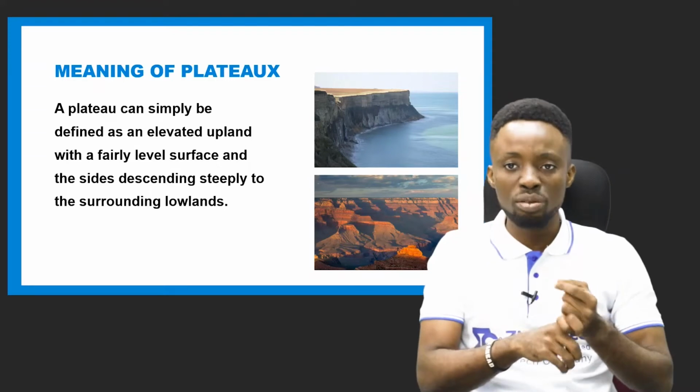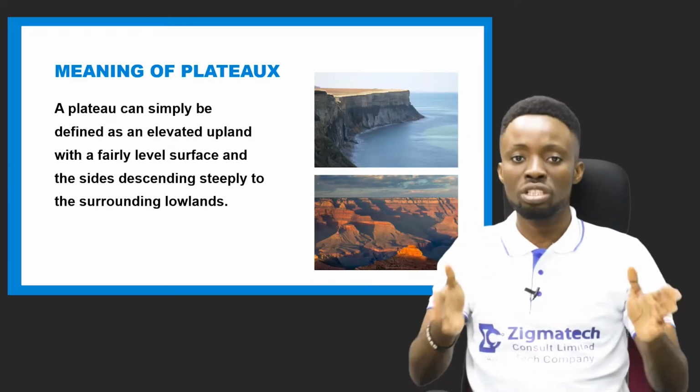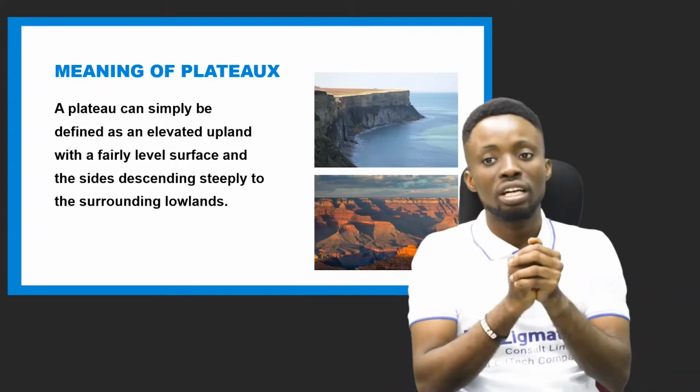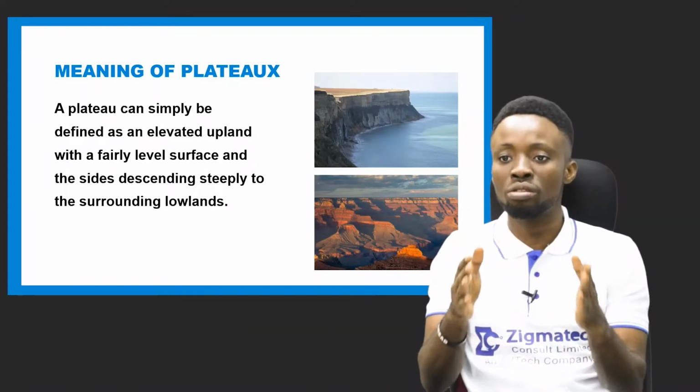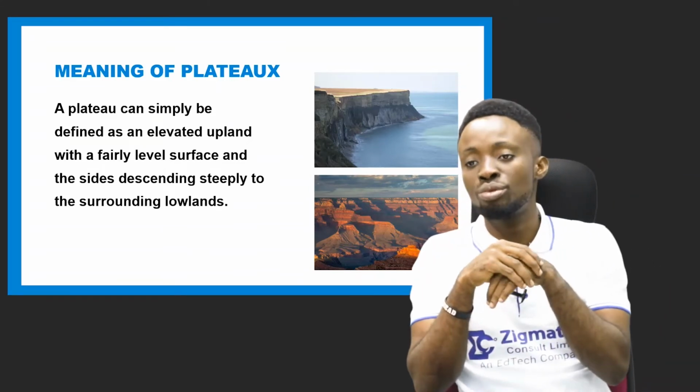So a plateau is simply an elevated upland with a fairly level surface in which the sides of that upland descend steeply into the surrounding lowlands. And plateaus are referred to as table lands.